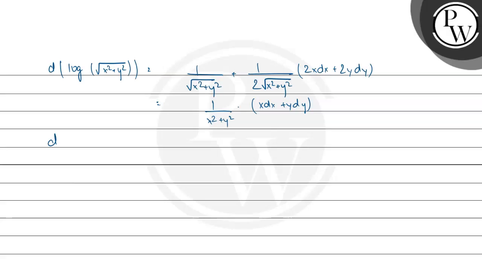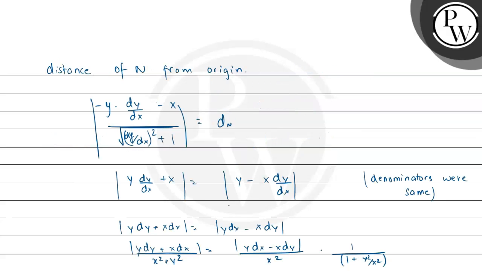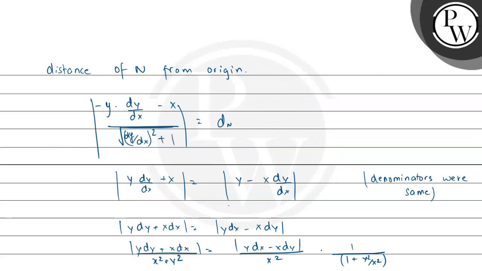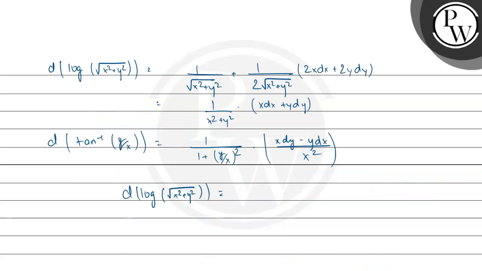Similarly, the RHS reminds me of the differential of tan inverse y by x, which is 1 upon 1 plus y by x whole square times the differential of y by x, which is x dy minus y dx upon x square. So using these two values, the differential of logarithm of under root of x square plus y square is equal to, note that because we have y dx minus x dy, we have to take a negative, minus the differential of tan inverse y by x.